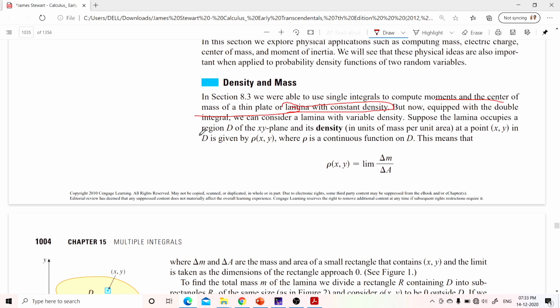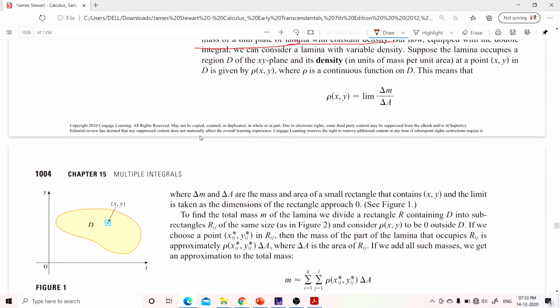Since we are extending our ideas to a two-dimensional case, we consider a varying density. If the density is fixed, we calculate with the help of a single integral. Since the density is varying, it shall be expressed like this.